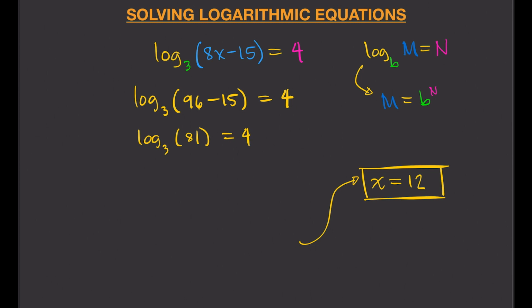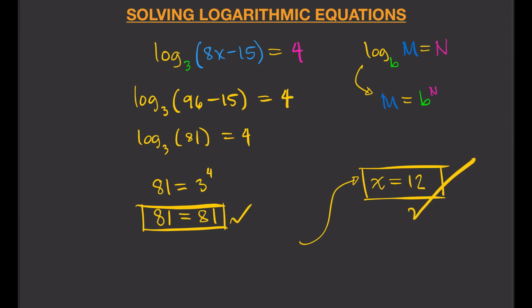And again, I'll convert this into an exponential equation. This will give me 81 equals 3 to the power of 4, which gives us 81 equals 81. So that is a correct statement, and therefore this is a solution.